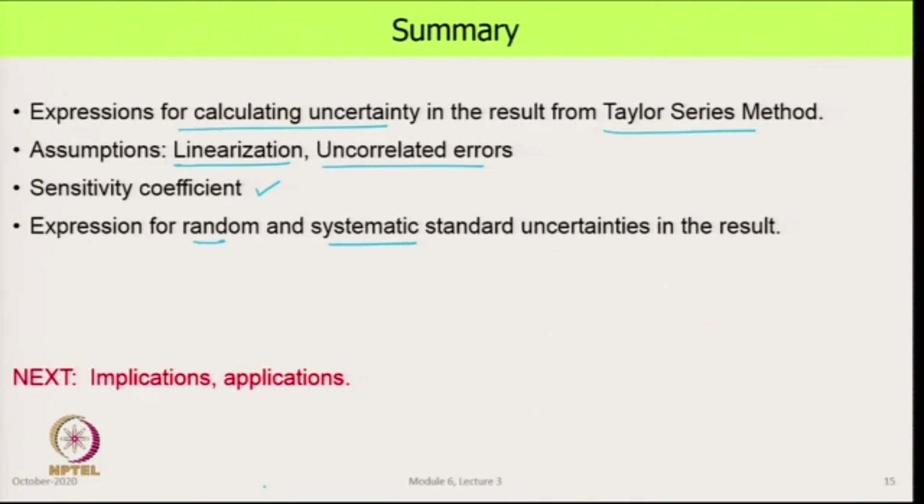So, what it tells us is that in the previous module, we got the mean values of every measurement, the u, the combined standard uncertainty in a measurement, S x I bar and B x I bar.